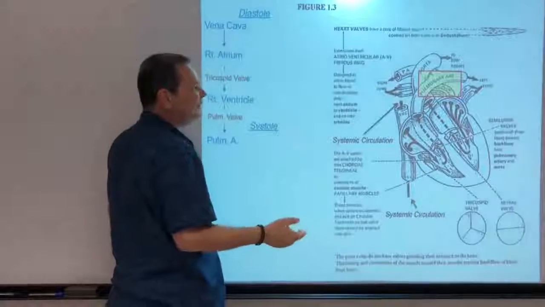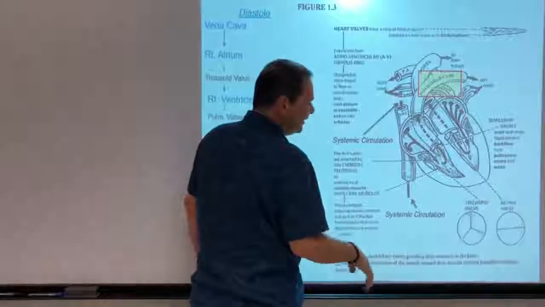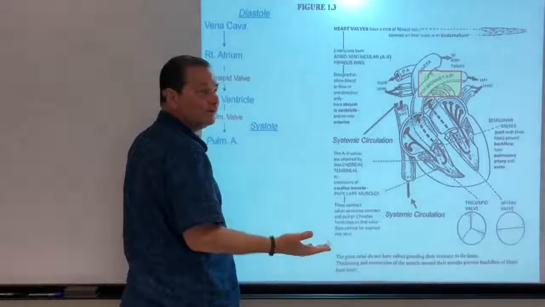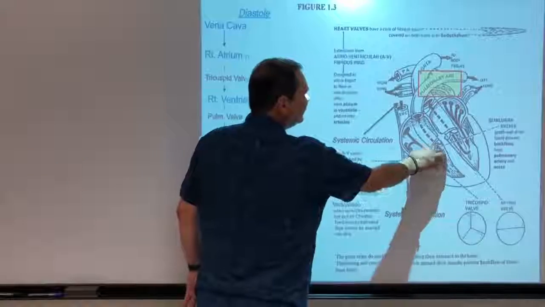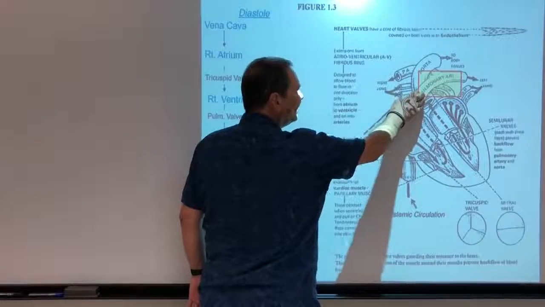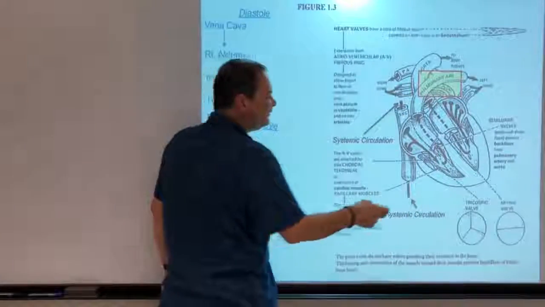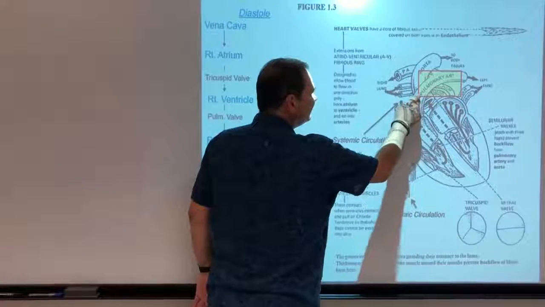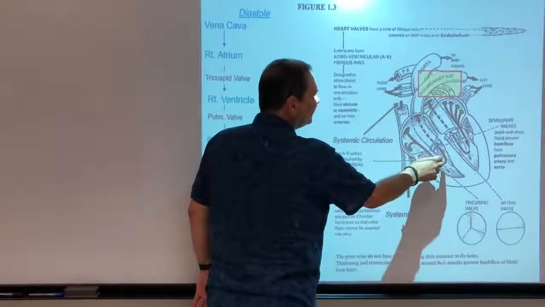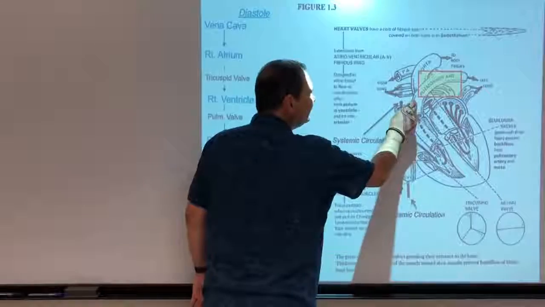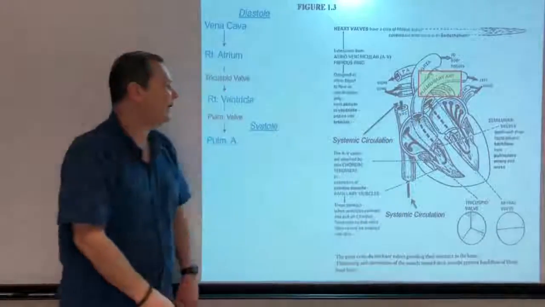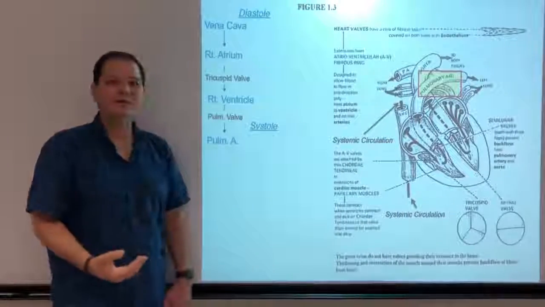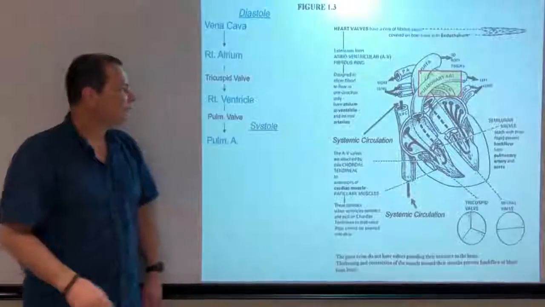Now, up to this point, during diastole, the pulmonary valve has been closed. But when the pressure in the right ventricle exceeds the pressure in the pulmonary artery, blood wants to flow from high pressure to low pressure, and it flows from the right ventricle into the pulmonary artery and out into the pulmonary circulation. Okay?